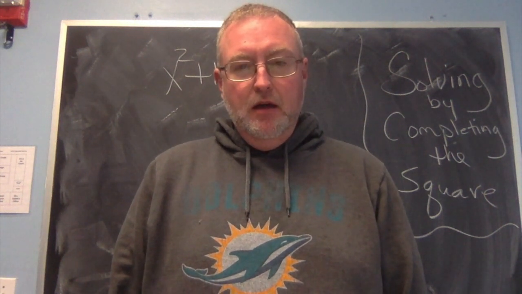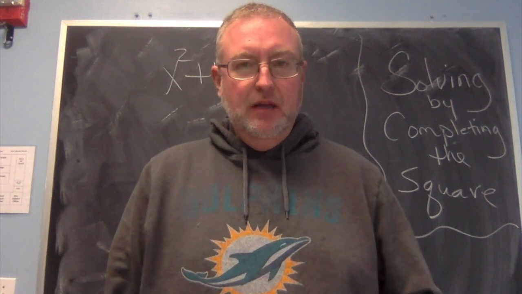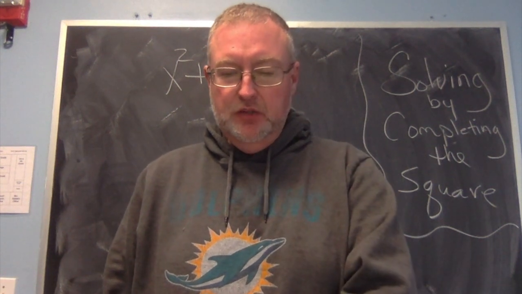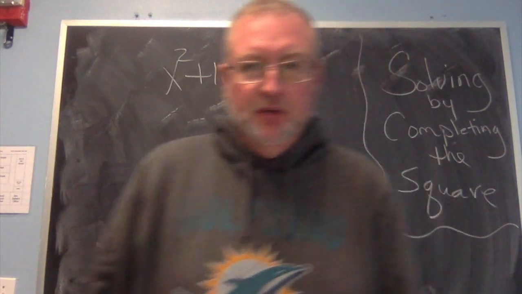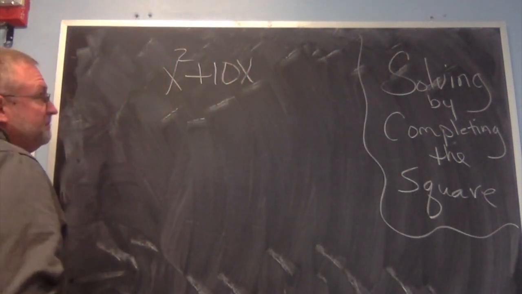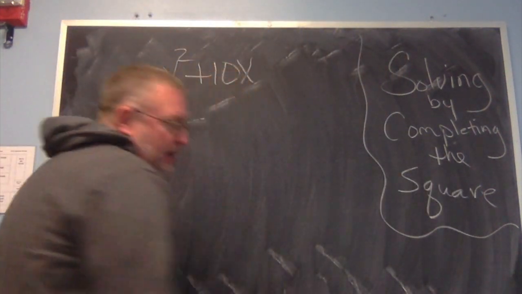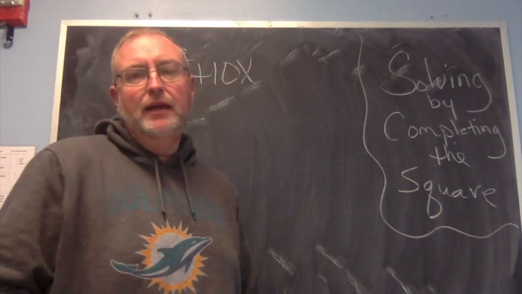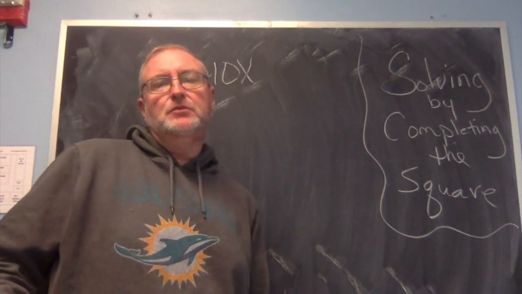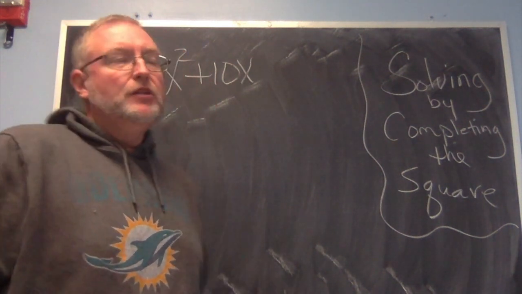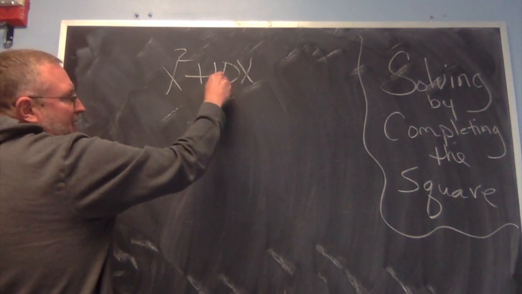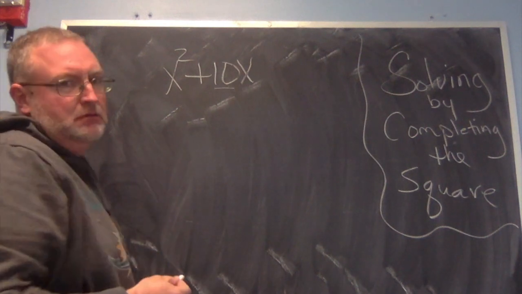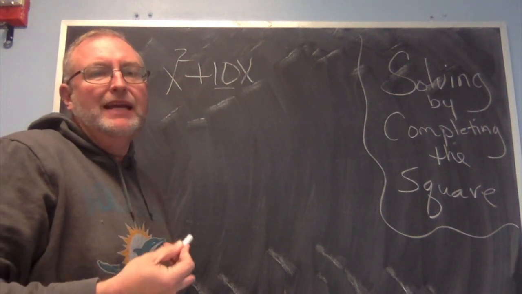So, all right. Where we left off last week was we talked about completing the square, and I left an illustration up here on the board which says x squared plus 10x, and we didn't have to solve anything last week. We just had to set it all up. And so what we did, if you remember, we always multiplied the middle coefficient by a half.